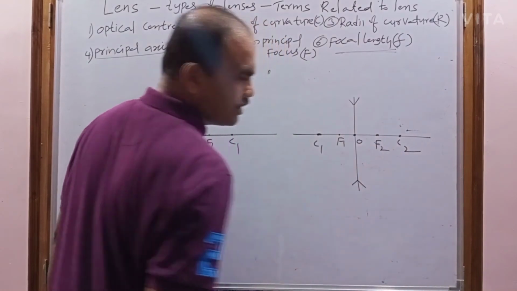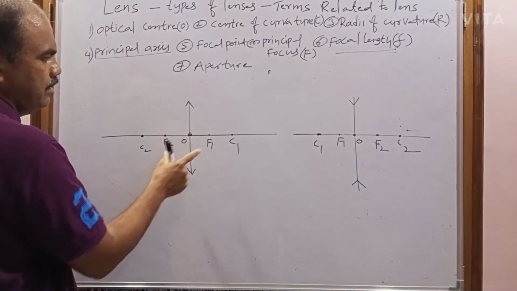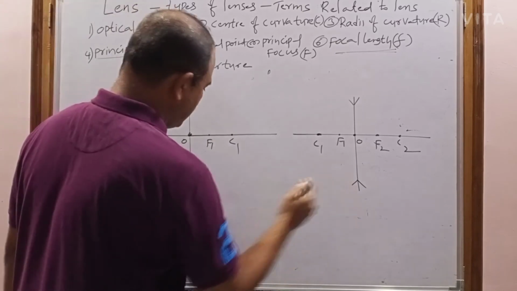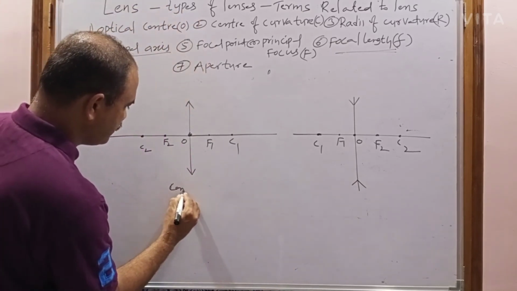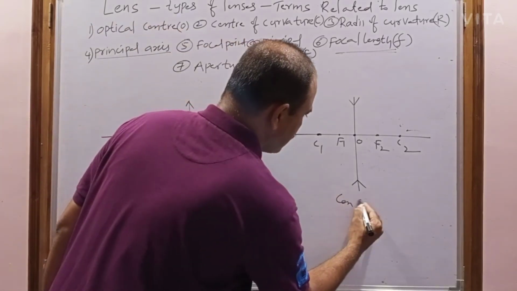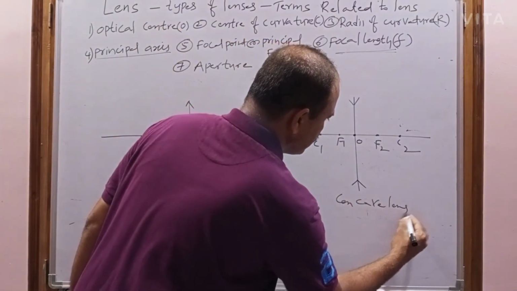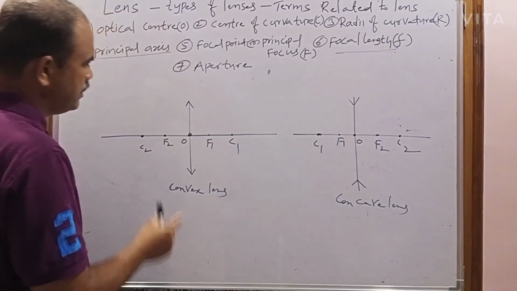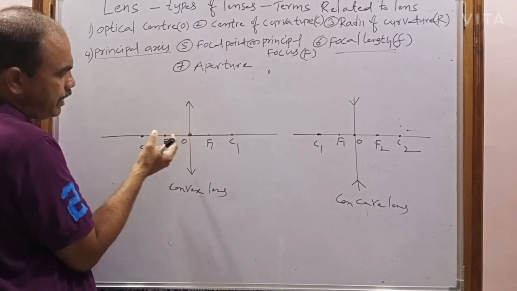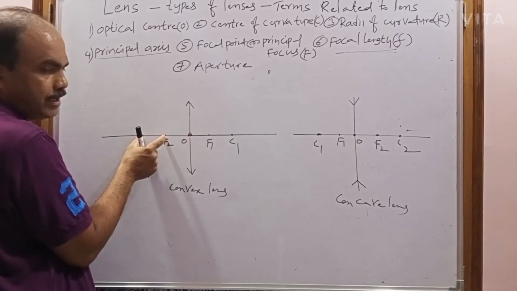This is a representation of the optic center, focal points, and centers of curvature. This is in the case of a convex lens, and this is the concave lens. The distance between the optic center and focus is the same as the distance between the focus and center of curvature.